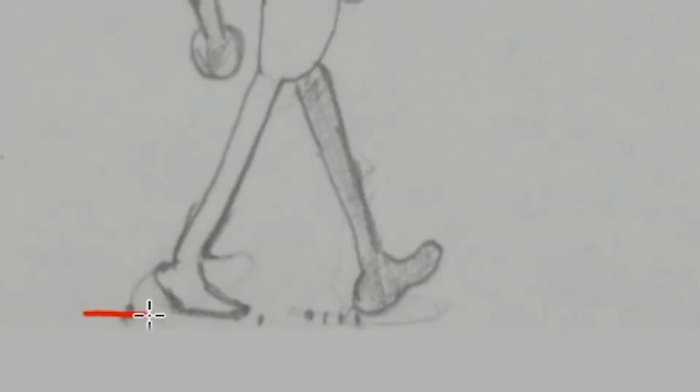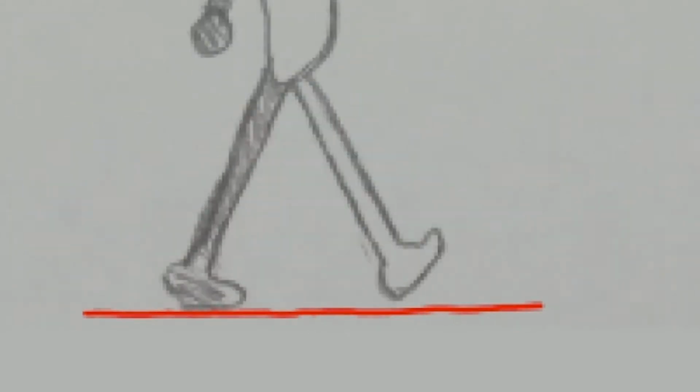Now, if I was going to draw a guideline for the ground, we can see that on some frames, the foot dips below that line as though it was going under the ground. And then on other frames, the foot actually pops up above like it's floating in the air. And that disrupts this feeling of the character's weight.